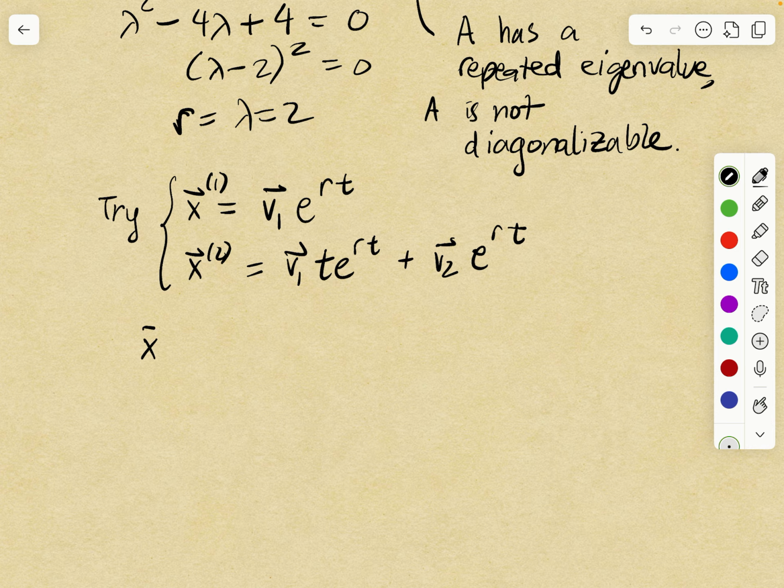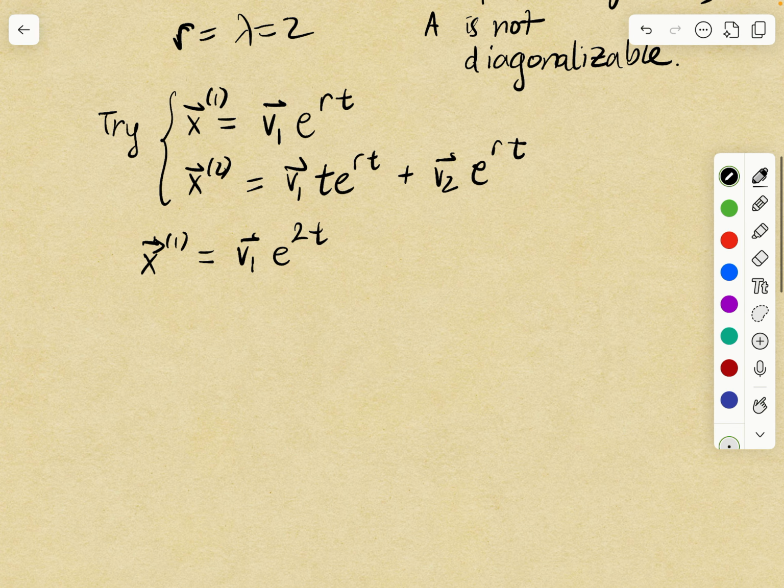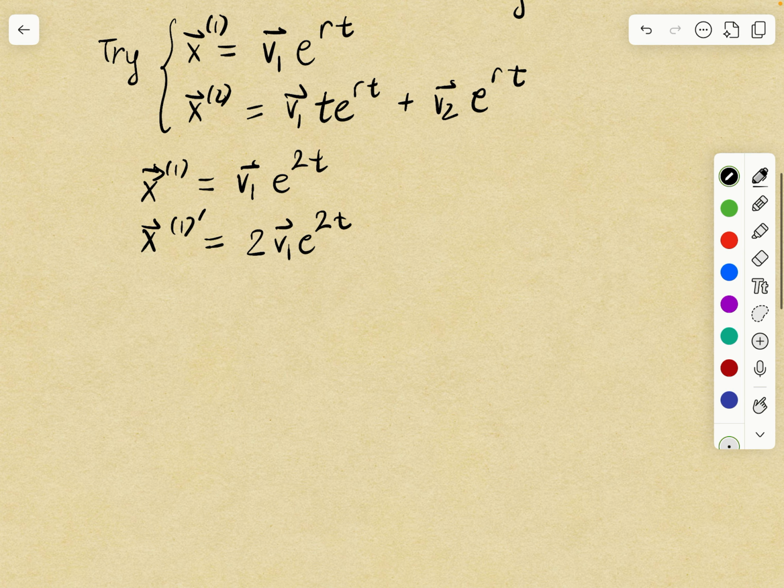So x1 will be v1 e^(2t), and its derivative, x1', is going to be 2 v1 e^(2t). And Ax1 is A times v1 e^(2t).